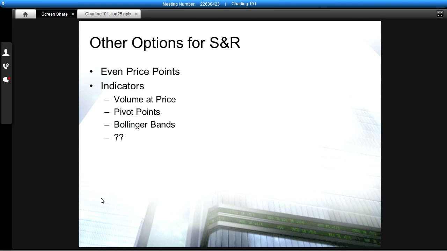Once it hits it, it may have trouble breaking through and fall back down. But then once it finally breaks through, if you're watching a level 2 chart or level 2 data, you'll actually see it spike right up over that $10 mark.